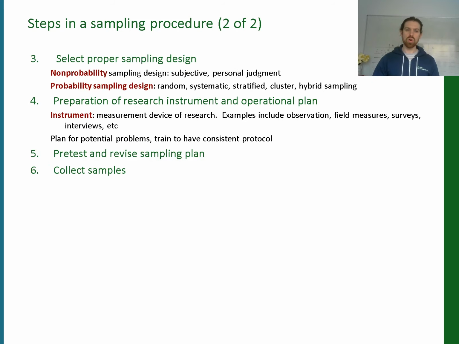So then we move on to how we actually select a proper sampling design. For most of what we're doing here, I'm going to be talking about probability-based sampling design, and that's because this is the standard quantitative way for us to get the sample data that we require.